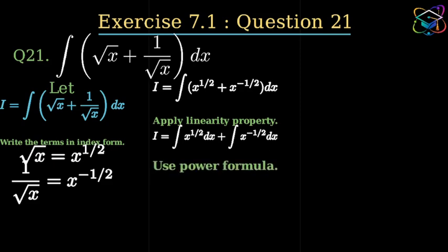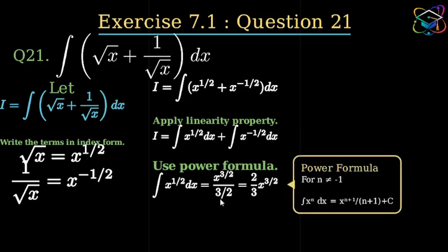Now, how do you solve this? We solve this by using the power formula. If you remember the power formula, what does the power formula say? For n not equal to minus 1, integration of x raised to n dx is equal to x raised to n plus 1 divided by n plus 1 plus c.